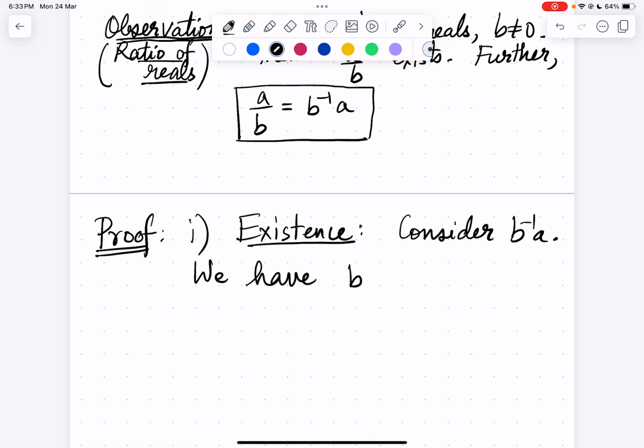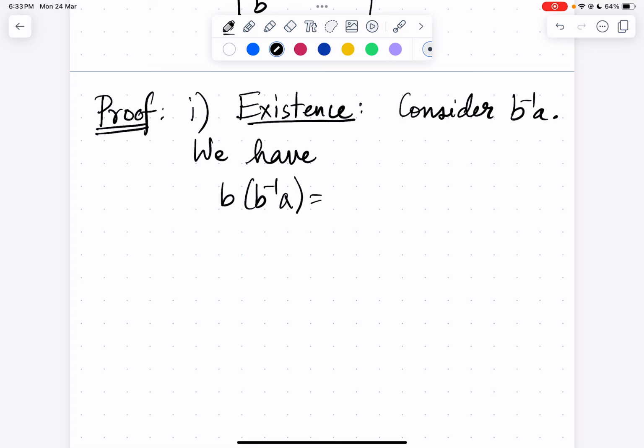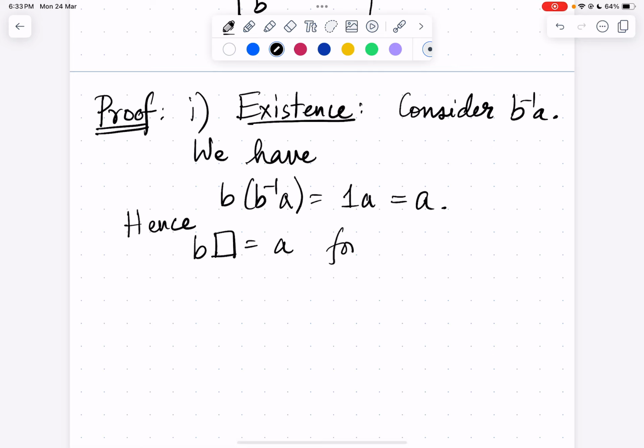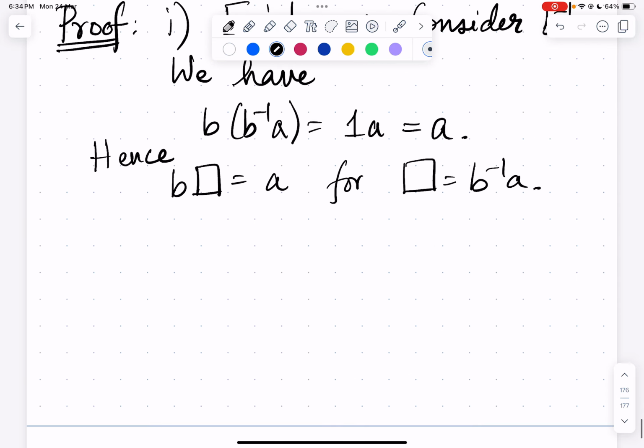We have b times b inverse a equals 1 times a equals a. Hence b times box equals a for box equals b inverse a. So we could find a box such that b times box is a. So existence of such a box is clear.